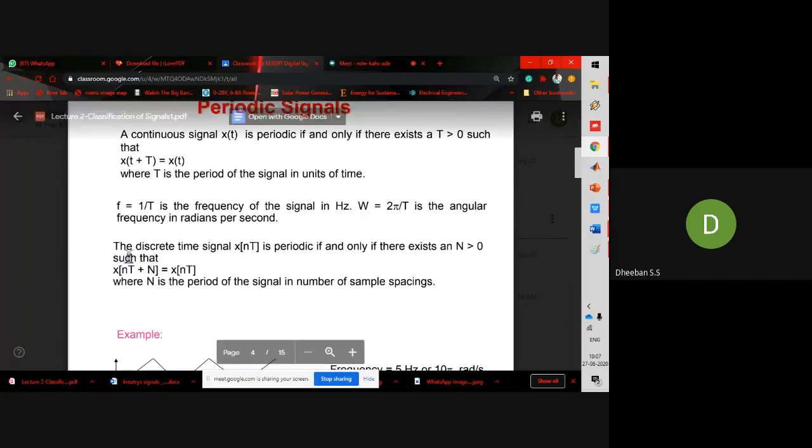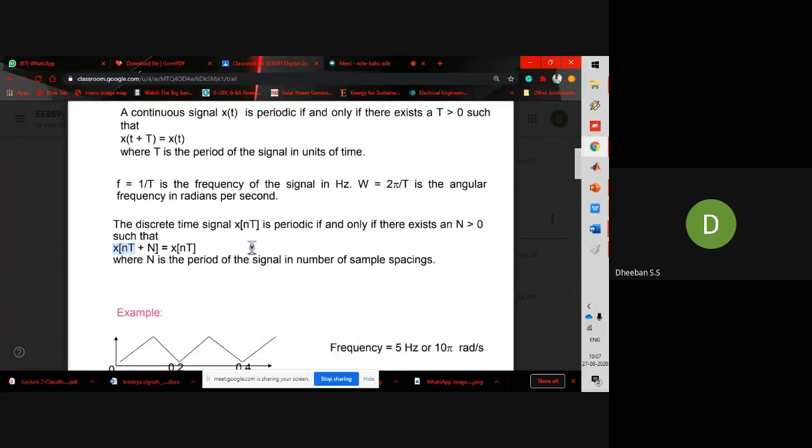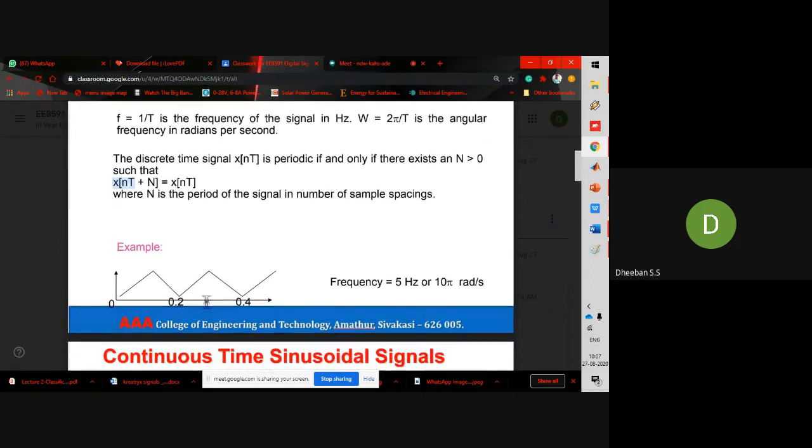Here capital N is the period of the signal in number of samples. So here you can understand clearly.